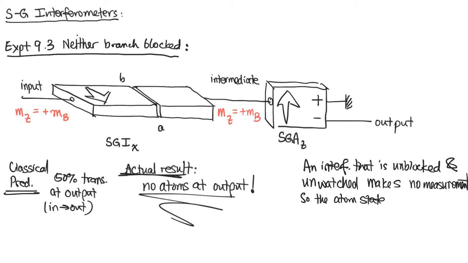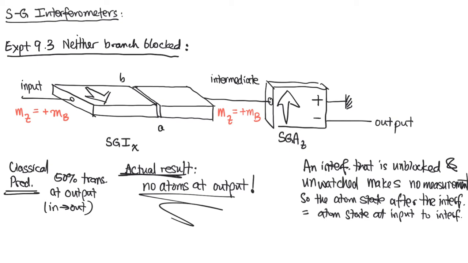So the atom state after the interferometer equals the atom state before the interferometer. In other words, in this experiment, the input state is the same as the intermediate state. And indeed, that's what we see experimentally.